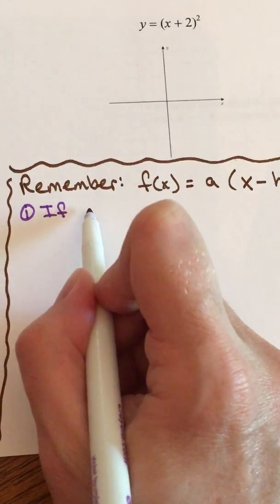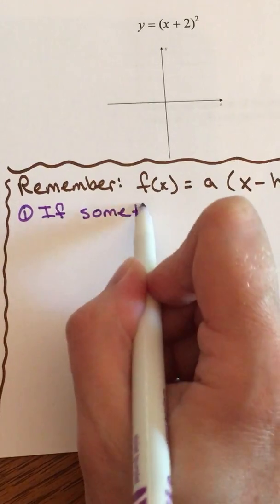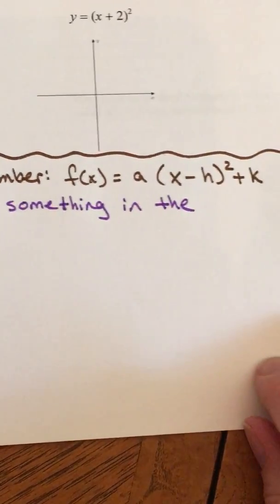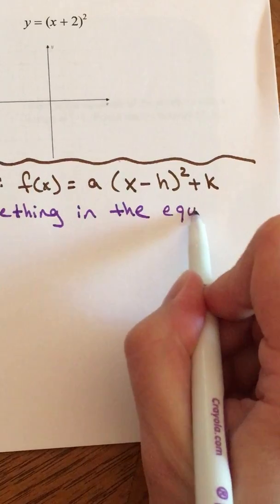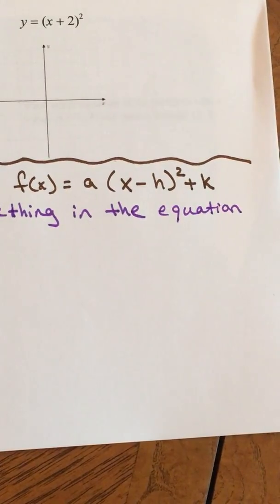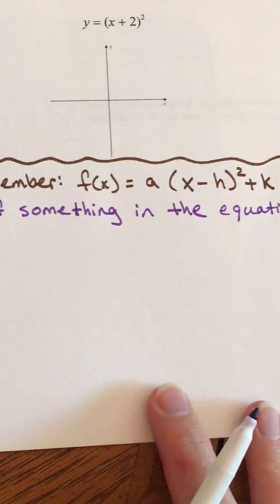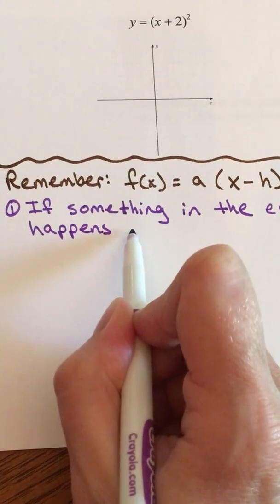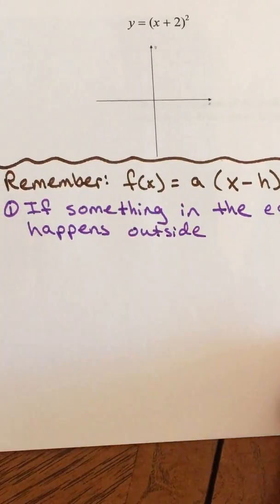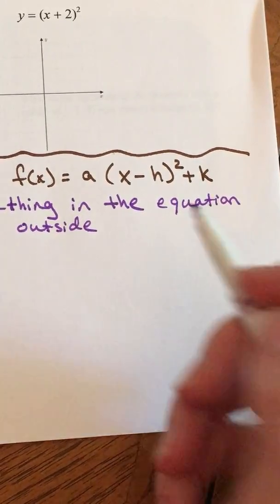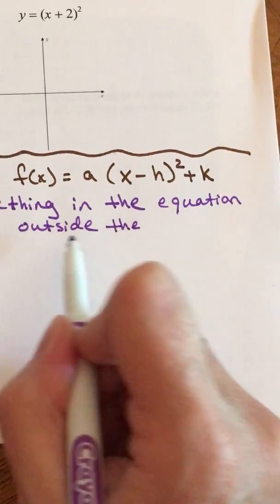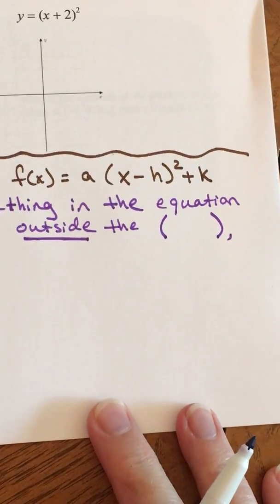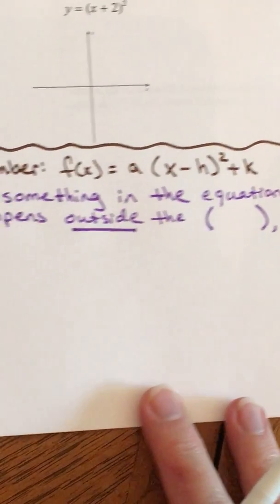If something in the equation happens outside the parentheses, then this is going to be a vertical change.